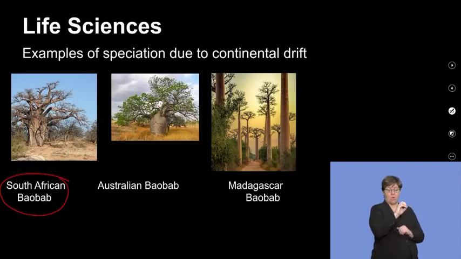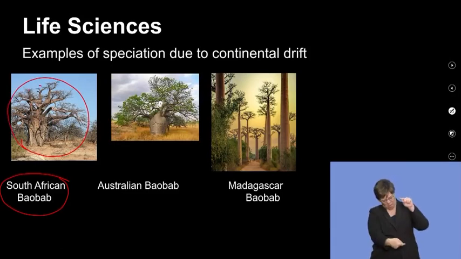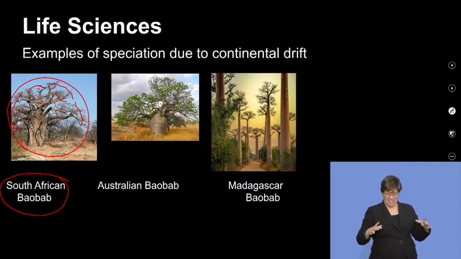A lot of people call it the upside down tree because it looks like the roots are at the top of the tree. The diameter of the stem becomes very large. So that's an example that we find in South Africa.